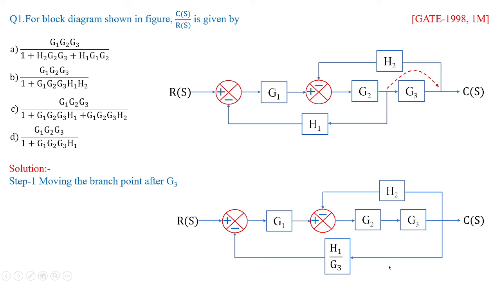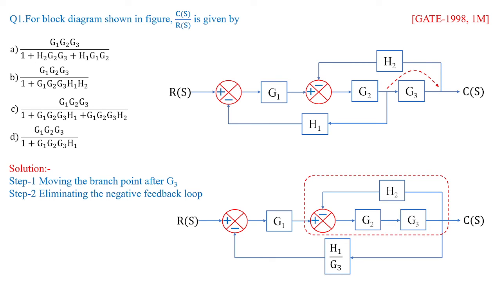Okay. Now you see, we can eliminate the negative feedback loop. Where is the negative feedback loop? You can see G2 and G3, they are in series or cascade arrangement. They get directly multiplied, and the combination is having a feedback of H2 in negative way. So with the formula of eliminating negative feedback, you can get the value as G2 G3 by 1 plus H2 G2 G3.